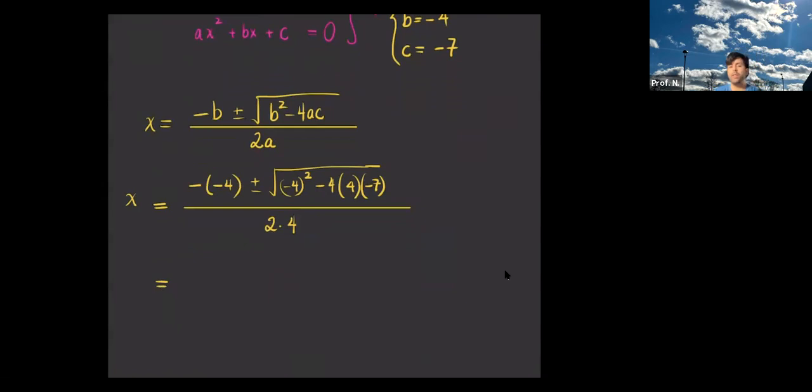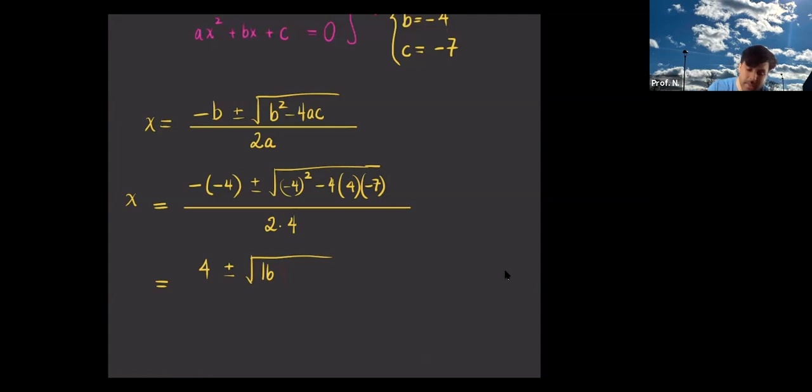And then we know that negative of negative 4 is positive 4, plus or minus the square root. Negative 4 squared is 16. Negative 4 times 4 is negative 16, and negative 16 times negative 7 is 112, positive 112.